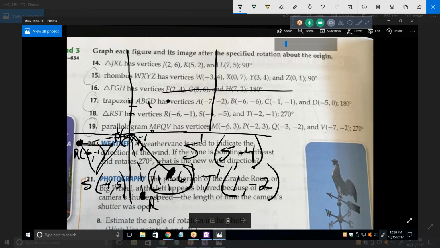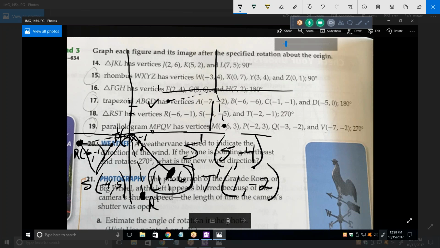Okay, so that's V prime. I'm going to connect that and do a 270 degrees clockwise rotation. Whoops, hold on, I didn't draw it quite accurately enough. Got to make sure I draw a right angle. And that puts it down here.